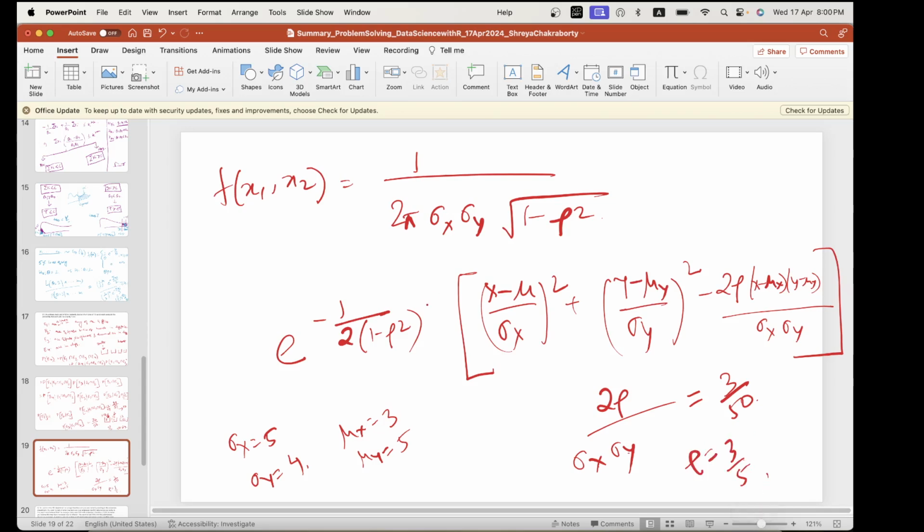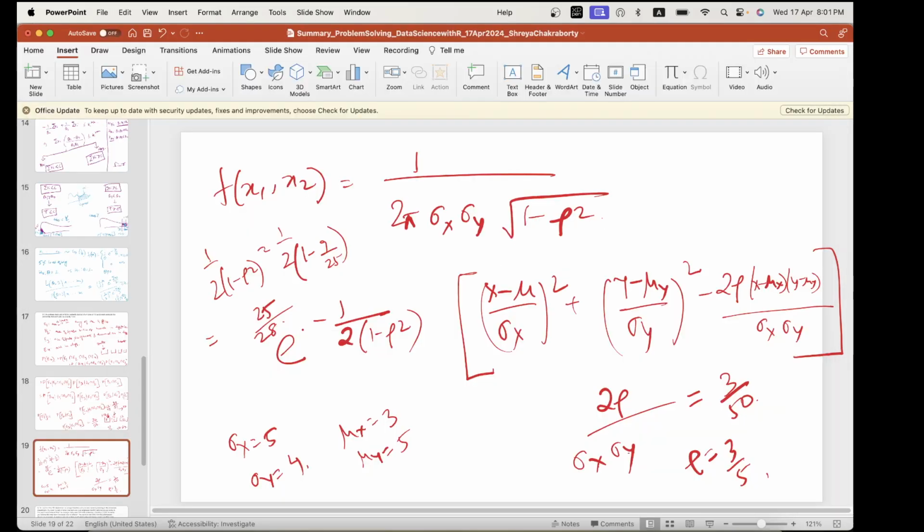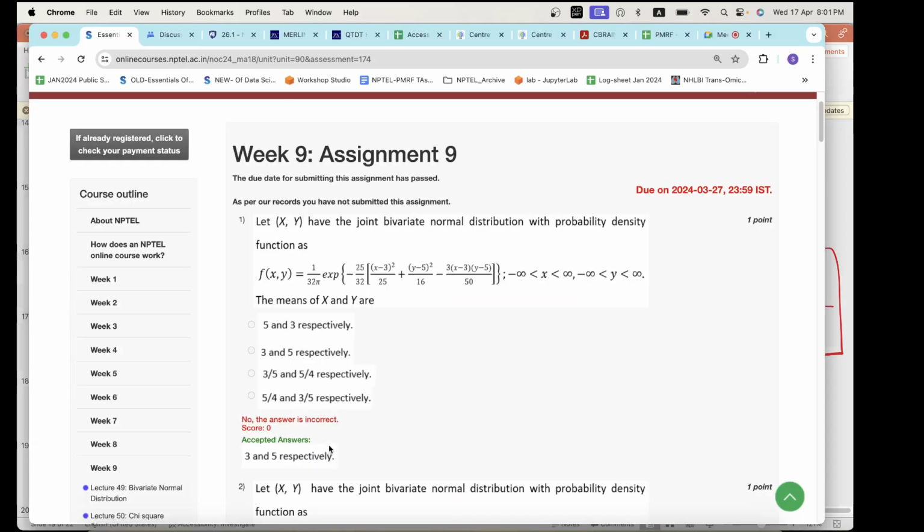And then we have to see if this is holding true or not. So 1 by 2 (1 minus rho square) is actually how much? 1 by 2 (1 minus 9 by 25). So this is 25 by 2 into (25 minus 9). Sorry, 25 minus 9 is 16. So this is 25 by 32. Do you get it?